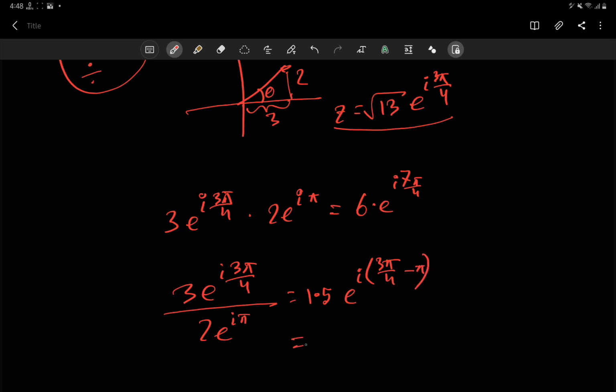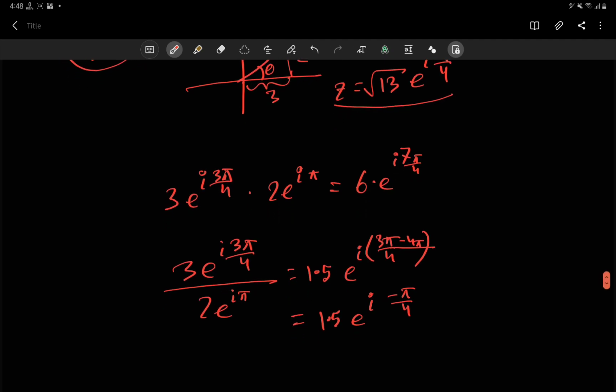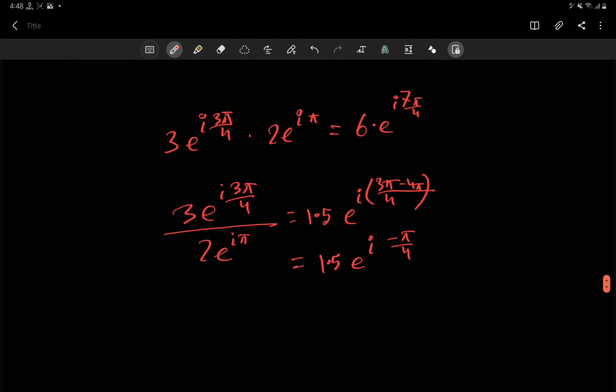And if you do the calculation, if you take the LCM here, you will have 1.5 e to the power i times minus pi by 4. Okay, so this way the multiplication and division problem becomes very, very easy, and we actually write the minus at the front of i just to make it obvious. So e to the power minus i pi by 4.